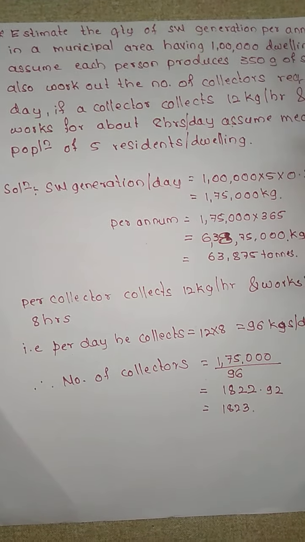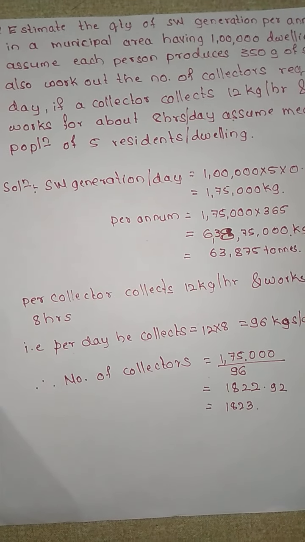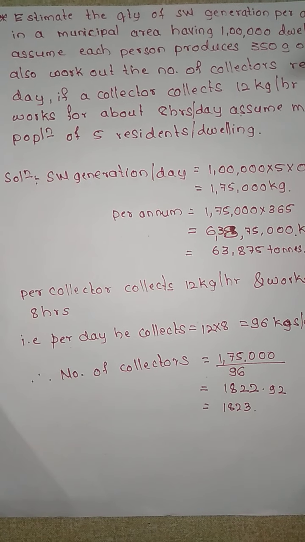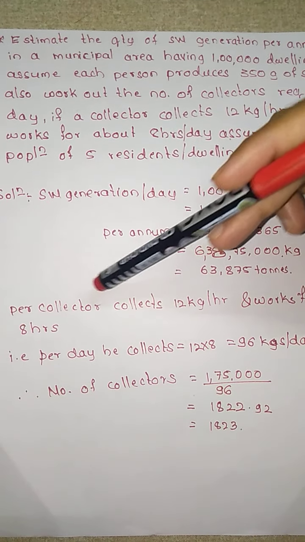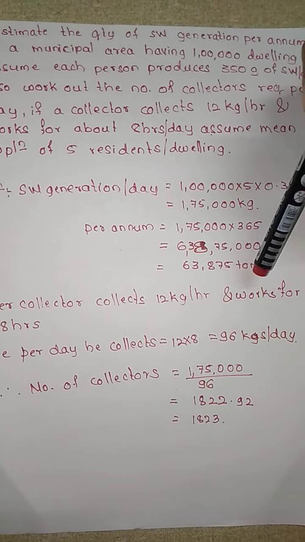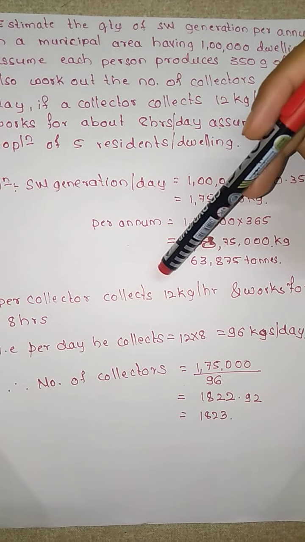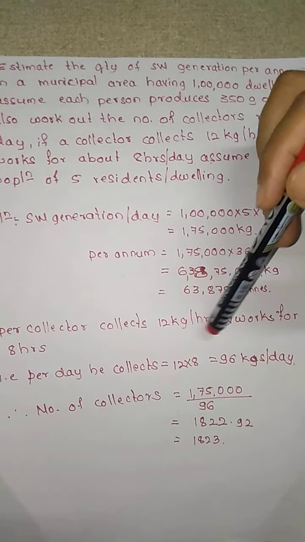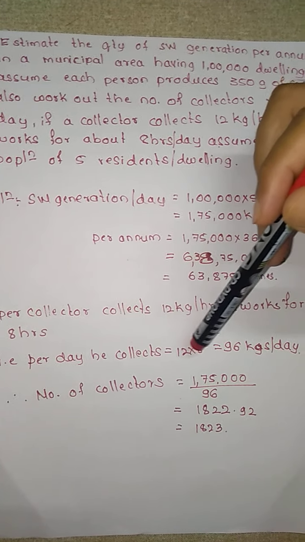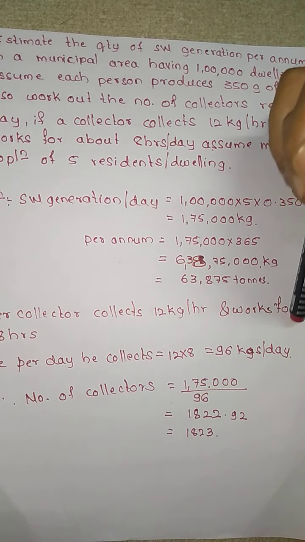We have determined the solid waste generation per annum, so our first part is over. Now they are asking how many collectors are required. Per collector collects 12 kg per hour and works for 8 hours. So in one day, one person is going to collect 96 kg of waste.